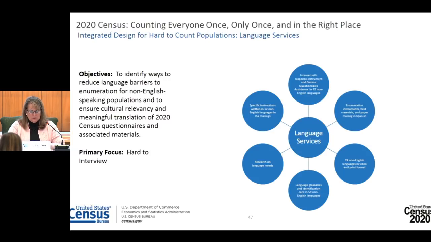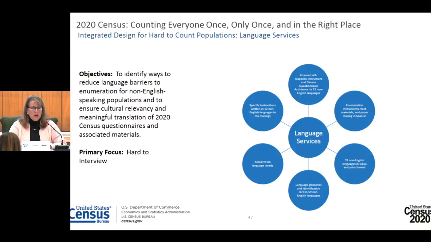Our internet self-response instrument and census questionnaire assistance will be available in 12 non-English languages. Our mailings will include instructions written in 12 non-English languages. Our enumeration instrument, field materials, and paper mailings will be available in Spanish as well as English.